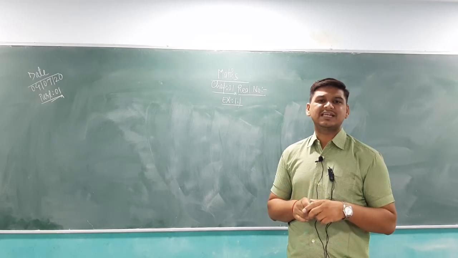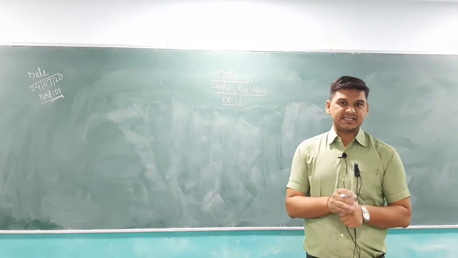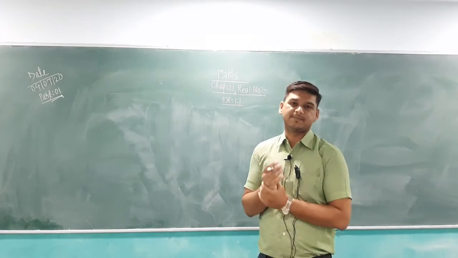By using Euclid's division lemma, we have to prove that the square of any positive integer is generally in the form of 3m or 3m plus 1.